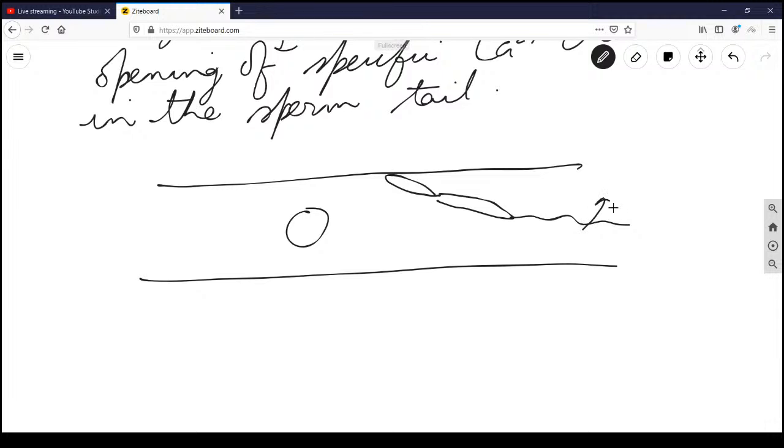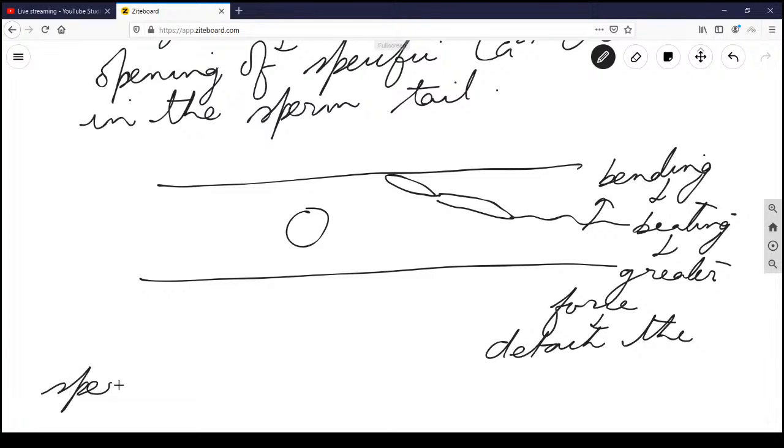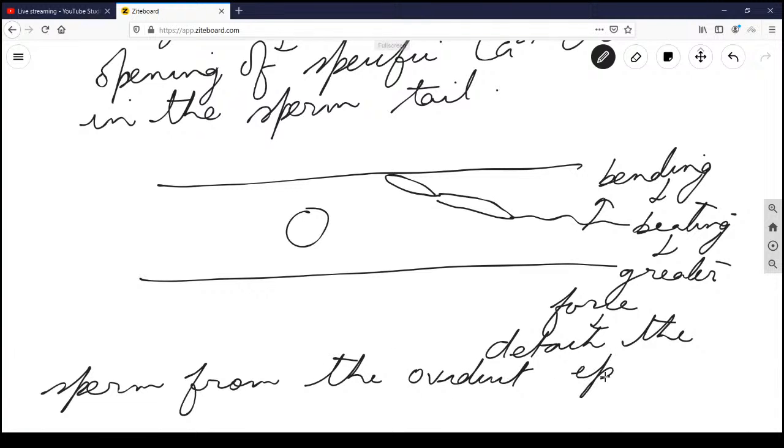So hyperactivation means this bending and excessive beating, beating with greater force, will help detach the sperm from the oviduct epithelial cell.